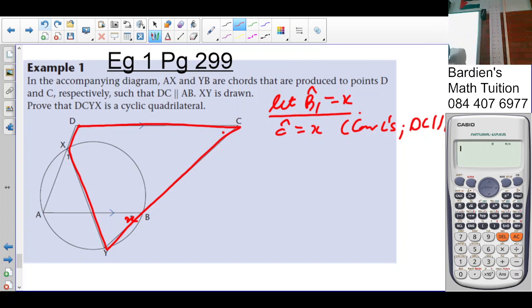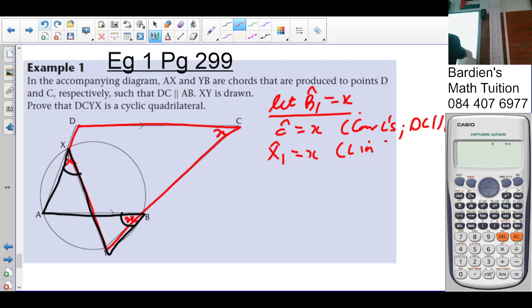Which other angle is equal to x? X1 is equal to x. Why? Angles in the same segment, coming from arc A1. And there's the bow tie.